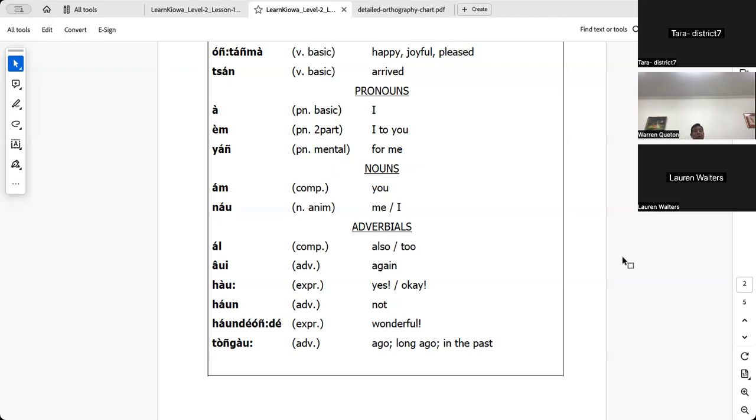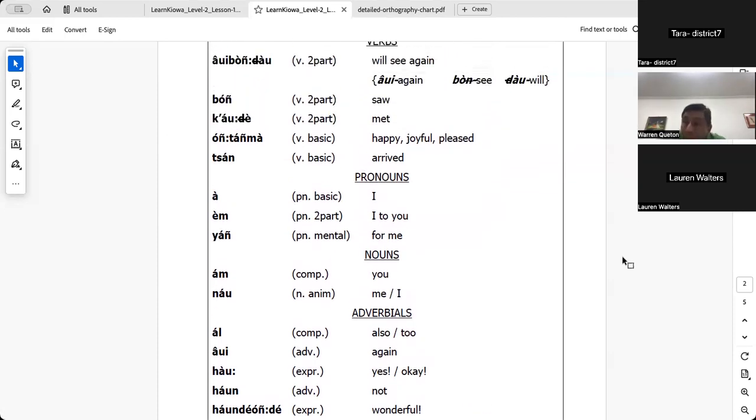And then Paul for yes or okay. We all know that one. The word for not is hon. Hone comes from the word for no. Hon means not. And then honde on day, wonderful. And tonga, long time or in the past. Any questions about this one?